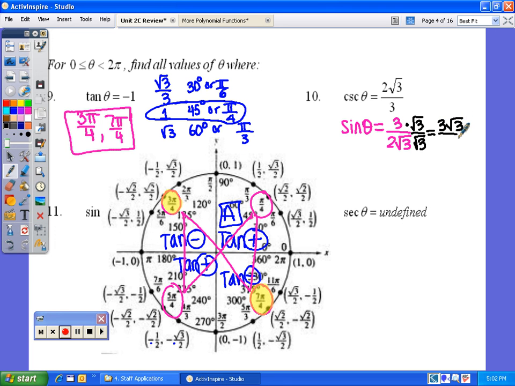So this is 3 radical 3 over 2 times 3. These 3's will cancel out, making this a sine of theta equal to square root of 3 over 2. When in doubt, do the reciprocal if you have no idea what to do.